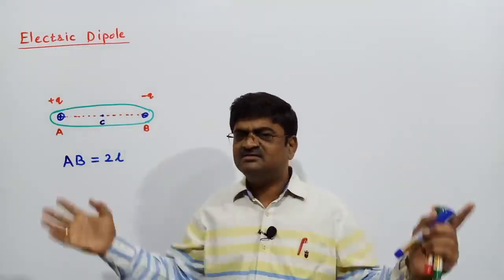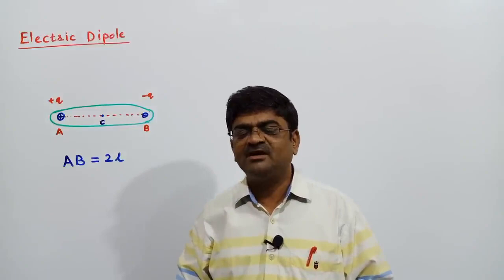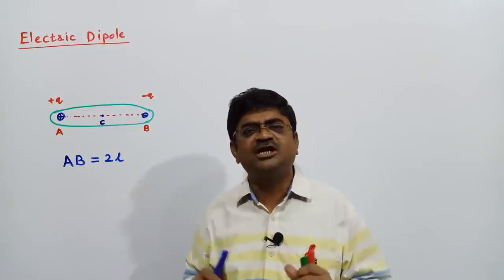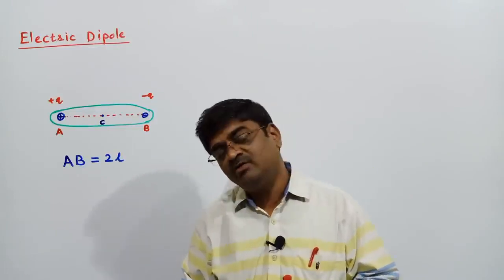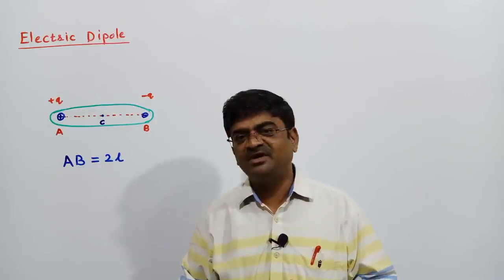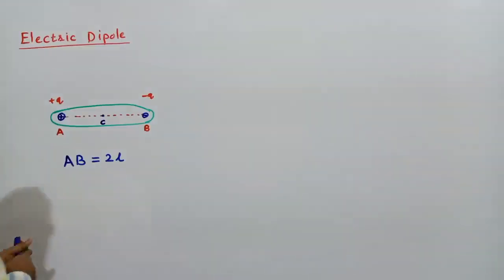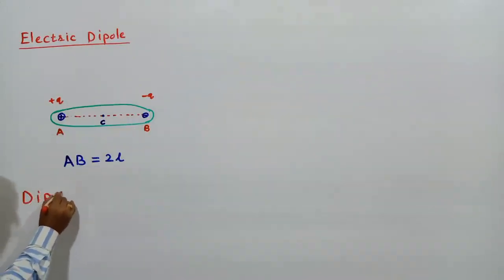Even that idea we get from a parameter, or to talk about some basic things about such a dipole. We have one physical quantity, or I would call it a parameter, which I would like to make you understand first. And that parameter we study as dipole moment.